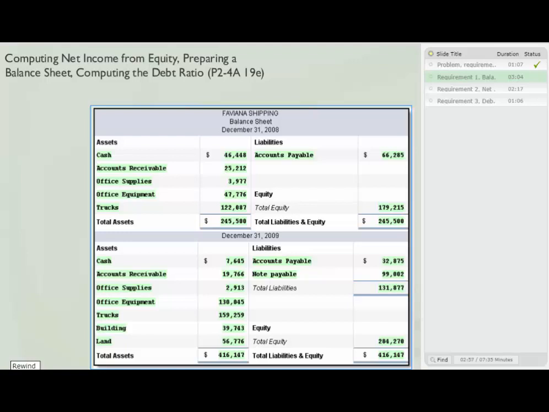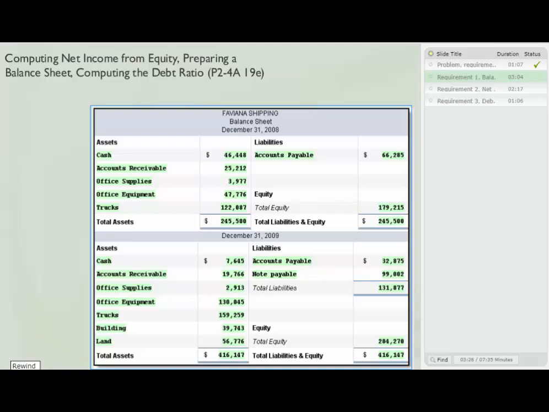In 2009, we repeat the process using the information provided for the assets and liability accounts that we had as of December 31st, 2009. Looking at the bottom area of the highlighted area on the screen, you see that total assets were equal to $416,147, and this time we had two liability accounts, accounts payable and notes payable.